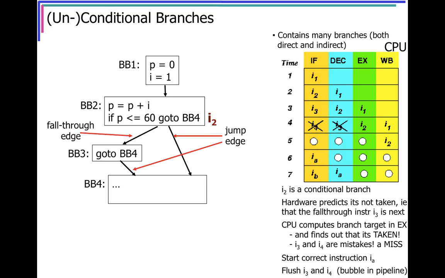And so I2 is going to move to the write back phase, and only after that phase can we start the pipeline fetch on the correct instruction, IA. And that bubble proceeds through the pipeline, and that just reduces the throughput of our processor, slowing down the overall program. So branches are really hard on performance of our programs because of this reason.